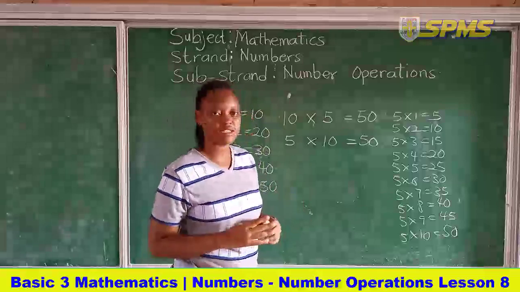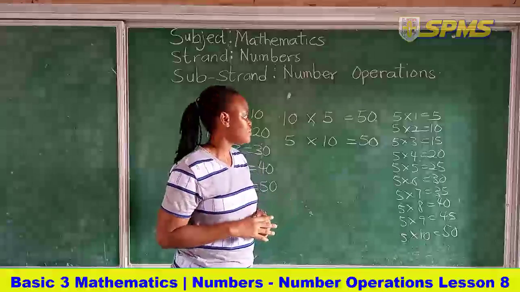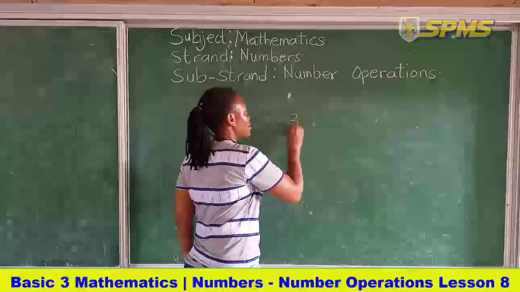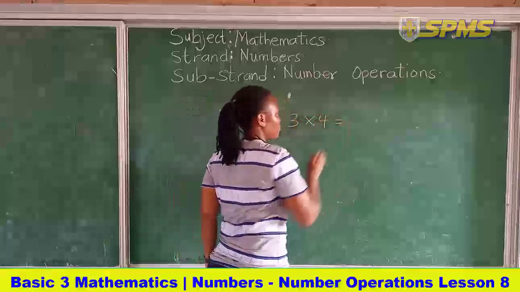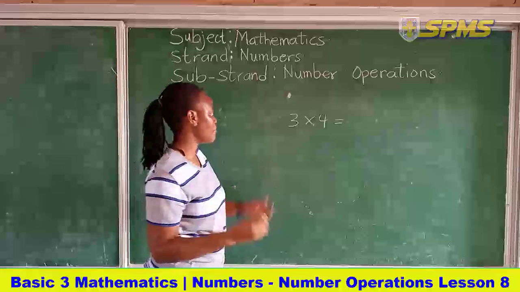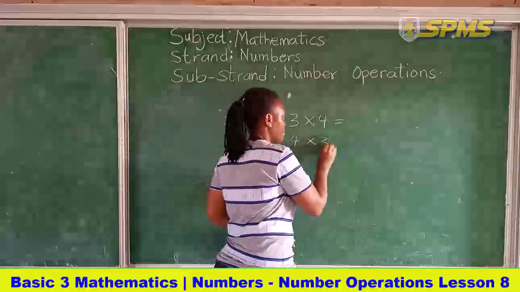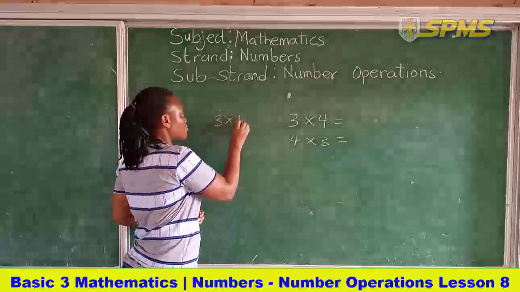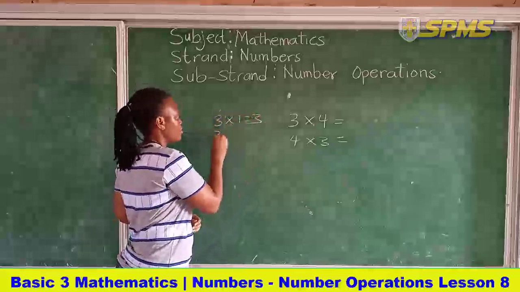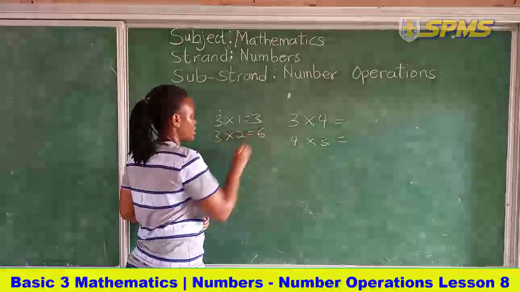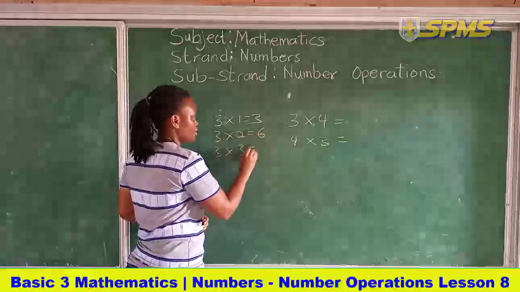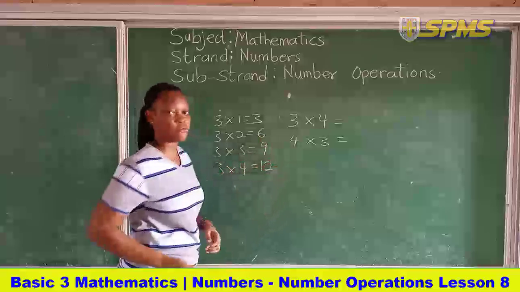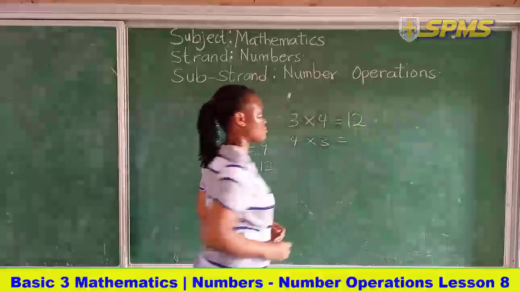Let us look at another example of the multiplication sentence. Now let us look at 3 times 4. 3 times 4 can be written as 4 times 3. Now let us look at the 3 times table. 3 times 1, we have 3. 3 times 2, 6. 3 times 3, we have 9. 3 times 4, we have 12.